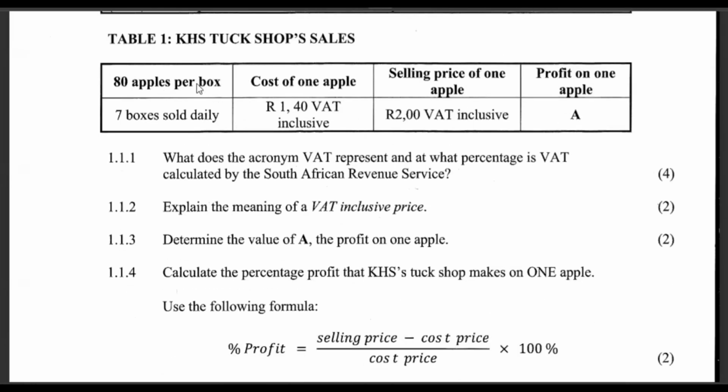We have 80 apples per box, cost of 1 apple, selling price of 1 apple, profit on 1 apple, 7 boxes daily, cost price 1 rand 40 cents VAT inclusive, selling price 2 rands VAT inclusive, and the profit per apple is missing, which is the value of A.